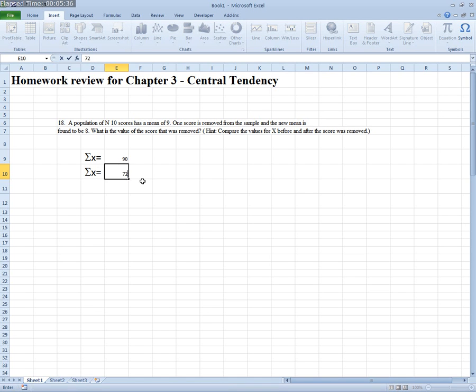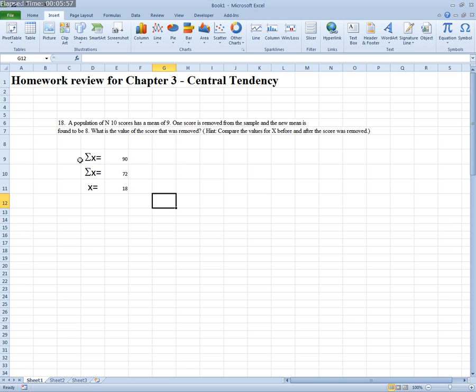Forgot to write it in, 72. So the difference there is 18. Right? 72 from 90 is 18. So the score that was removed must be 18. So x equals 18. Got it?